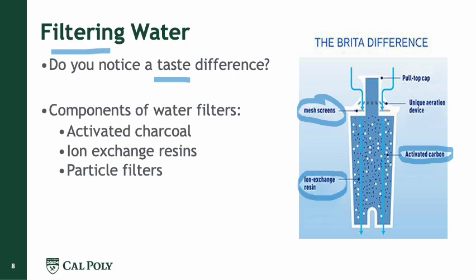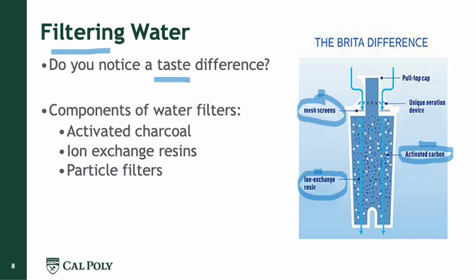The mesh has a bigger pore, then the activated carbon, and then the ion exchange, which has a smaller pore, and that is used to remove ions that we may not like and that are associated with hardness, maybe sodium, chlorine or calcium. So these can be removed.